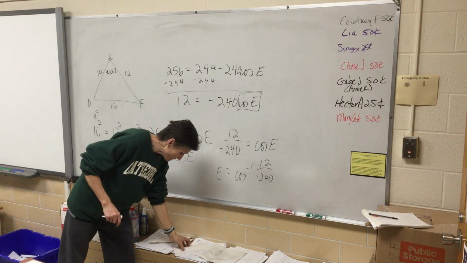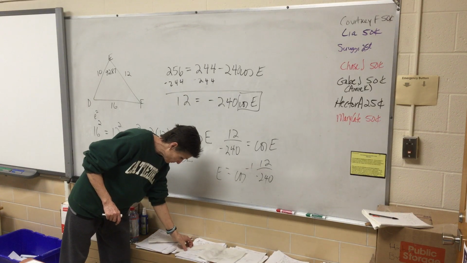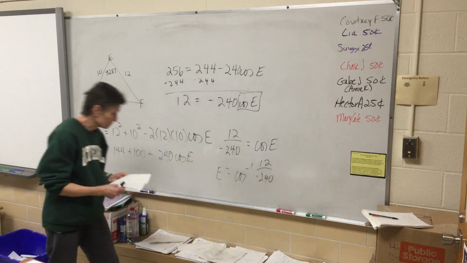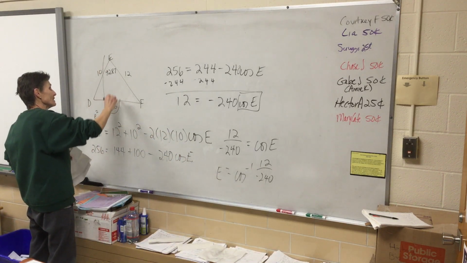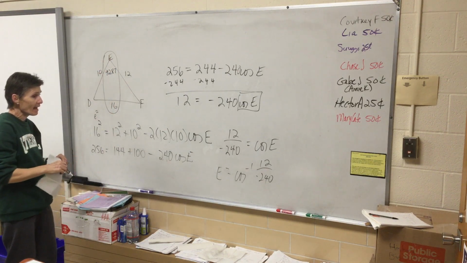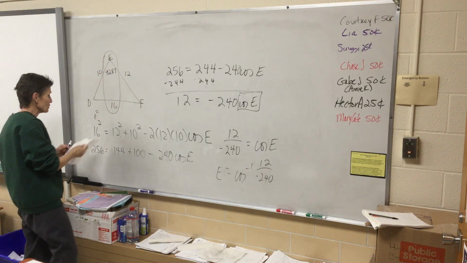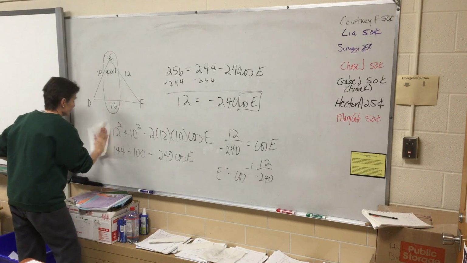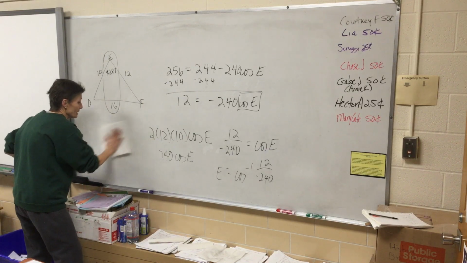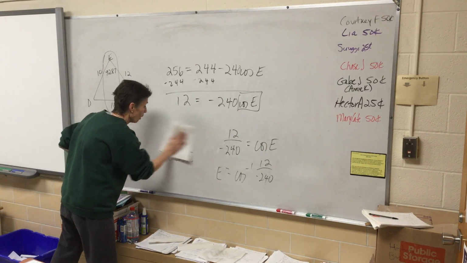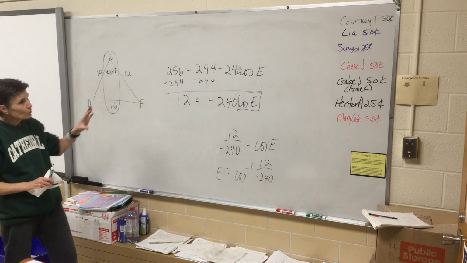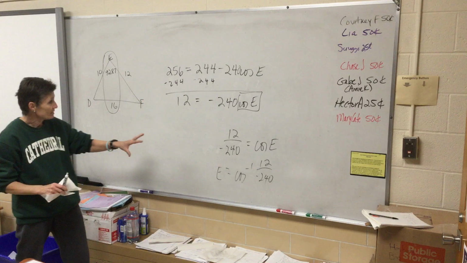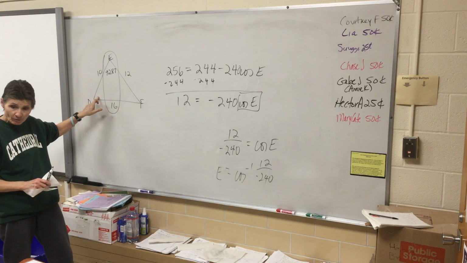So what are we going to do now? Law of sines. Yeah, now everybody see this, folks? Now you can use the law of sines. Now, if you don't want to do the law of sines, could you do what we just did for angle D, for example?